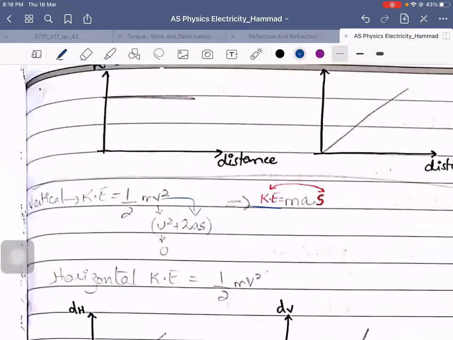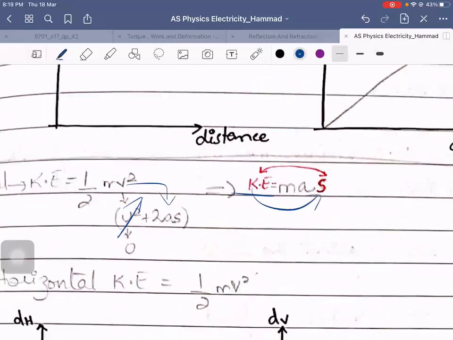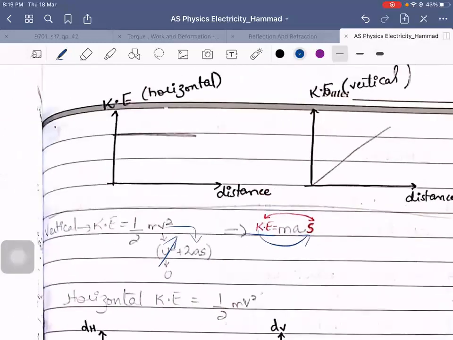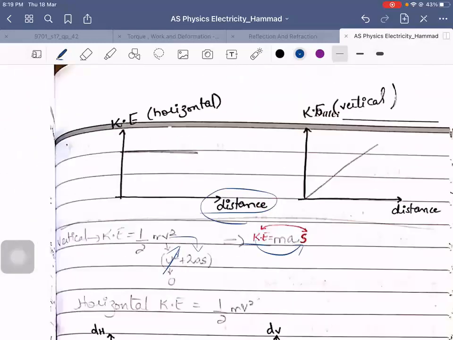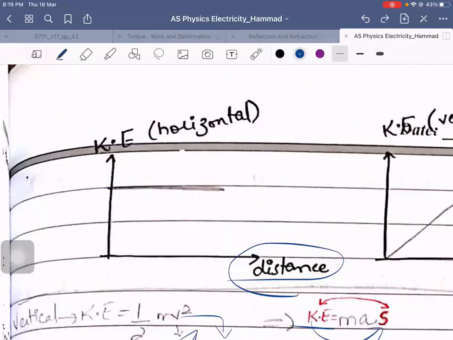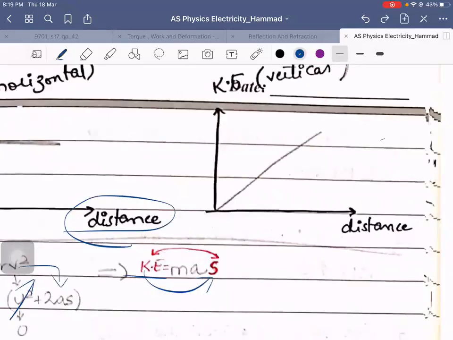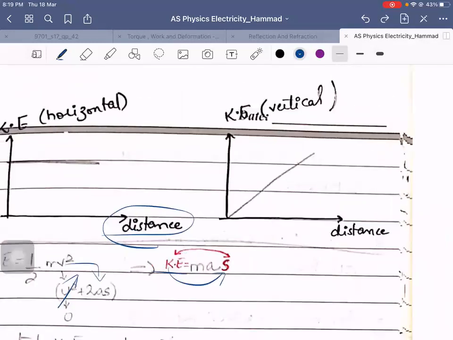Because the initial velocity was zero, kinetic energy is directly proportional to the displacement. Therefore, the kinetic energy against distance graph for the horizontal component stays as it is, whereas the vertical one is a translation of the previous part, because kinetic energy is dependent on the velocity.